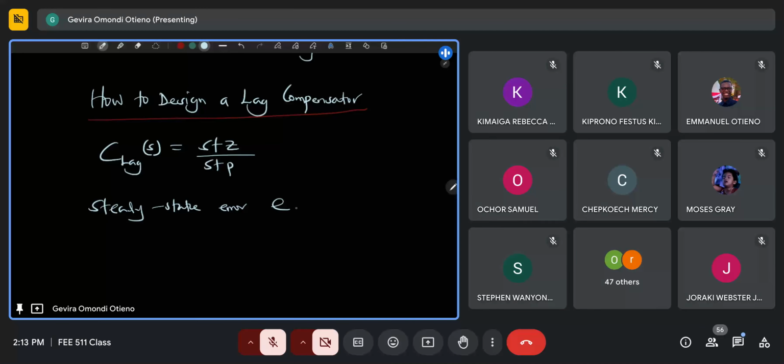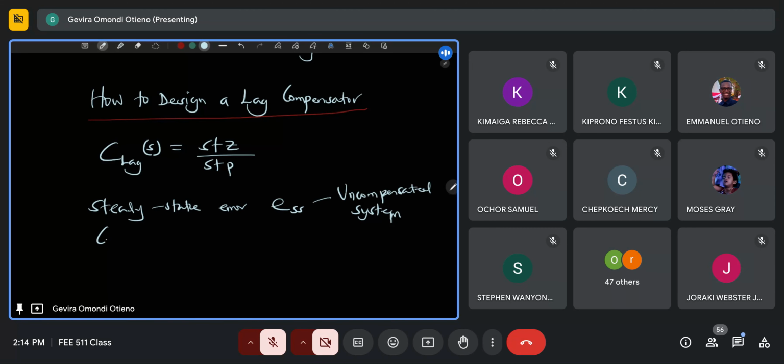The steady state error will be denoted by that, okay? And this usually refers to the steady state error for the uncompensated system, the system that has not been compensated. That is just the plant system without compensation. That is what we refer to.